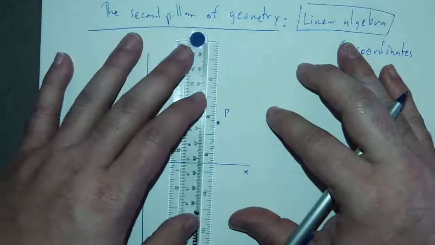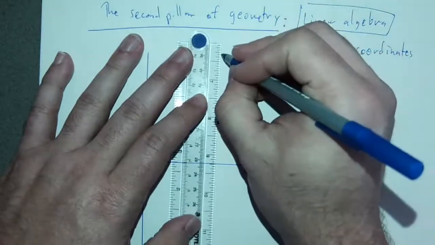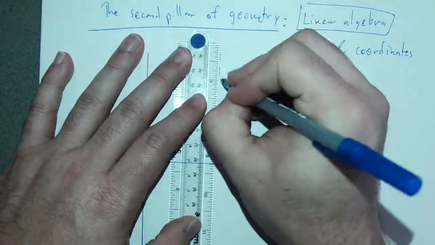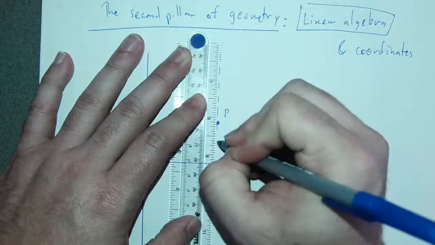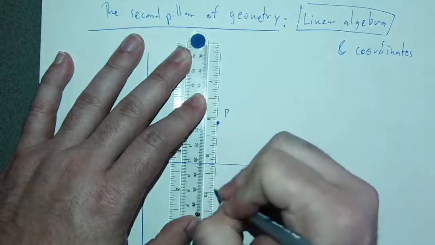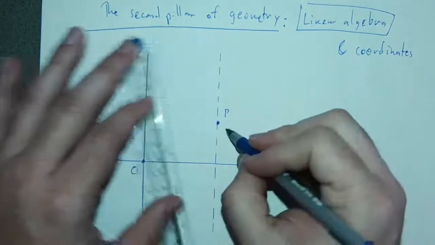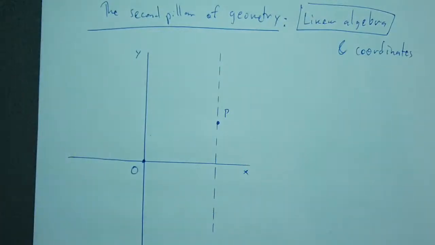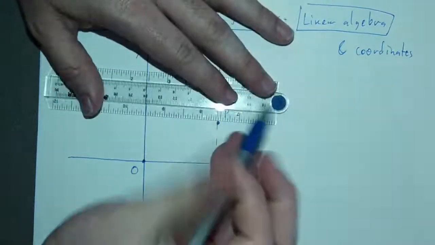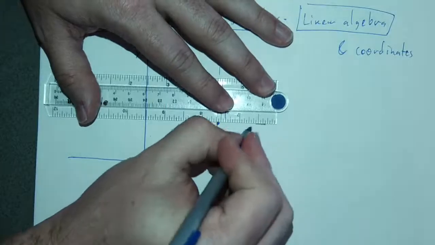Well, there's exactly one. And similarly, how many lines through P are parallel to this line I'm calling x? Well, one.